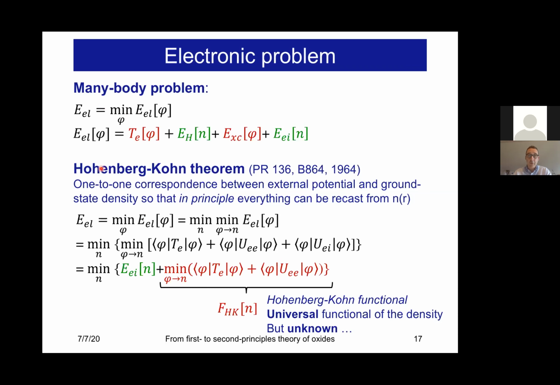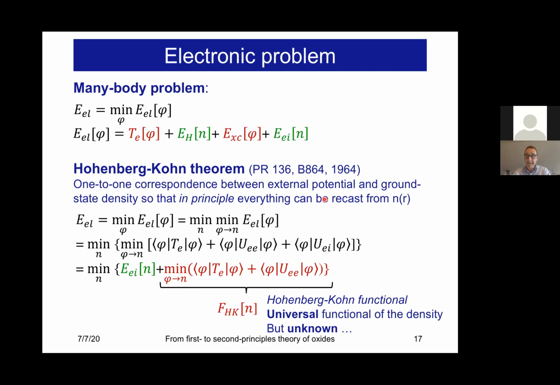So when they were showing that there is a one-to-one correspondence between this external potential fixing all your Hamiltonian and the ground state density of the system, it means that in principle, instead of defining everything in terms of the external potential, you can recast everything in terms of the ground state density. There is a one-to-one correspondence between the external potential and the ground state density. So anything that can be deduced from the external potential can similarly be deduced from the density itself.